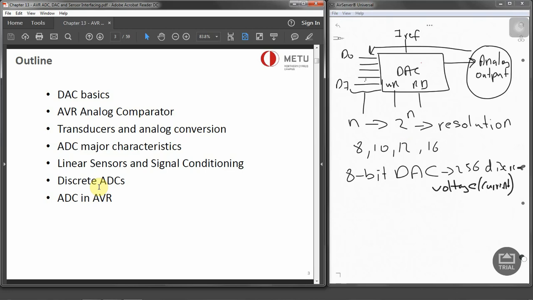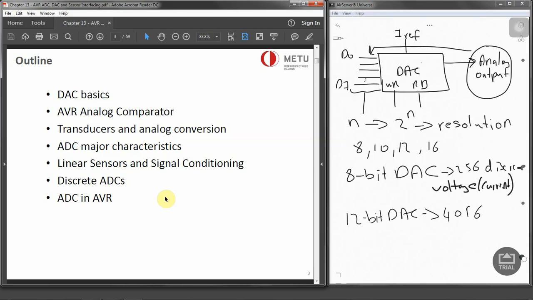If we are talking about a 12-bit one, that means 4096 discrete voltage or current levels. So these give us the resolution of that DAC, and we can easily find out what type of resolution we want, how accurate we want things to be, and use the devices accordingly.